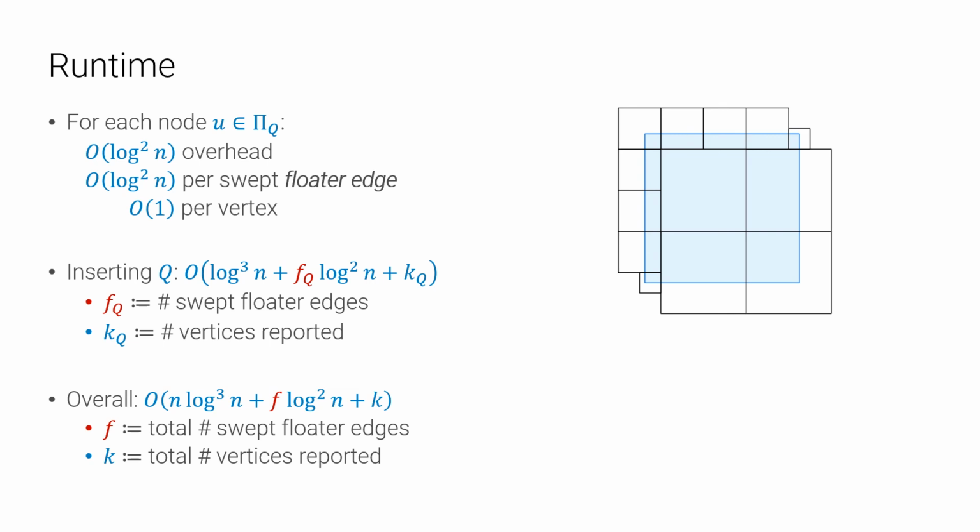Given that insertion and deletion roughly have the same runtime analysis, if we sum up over all of the insertions and all of the deletions, the total overhead we incur for these n operations is n log cubed n plus f log square n plus k, where k is the union complexity, and f here is the total number of floater edges swept over in all insertions and deletions of squares.